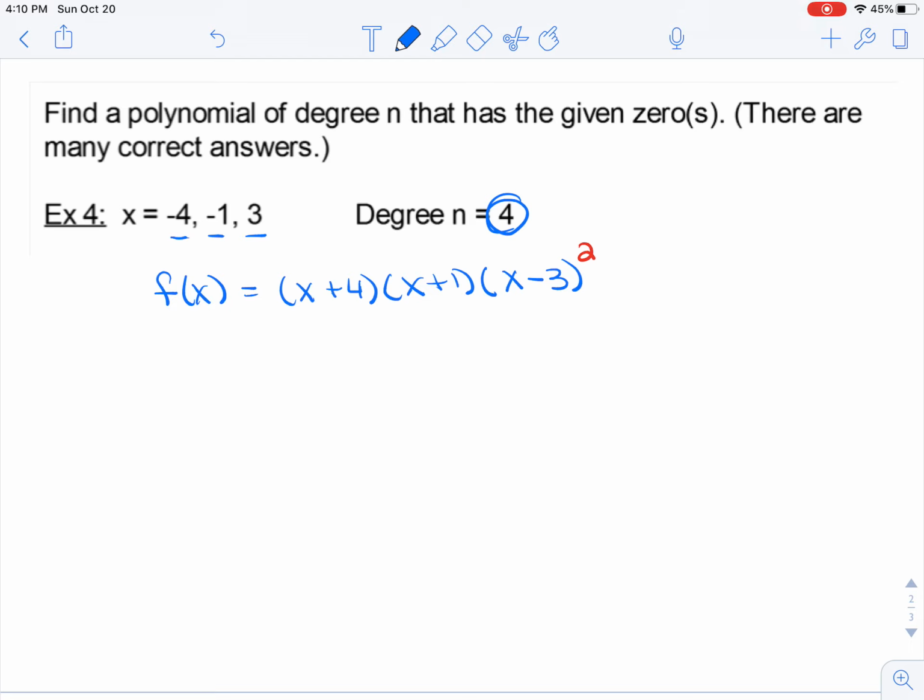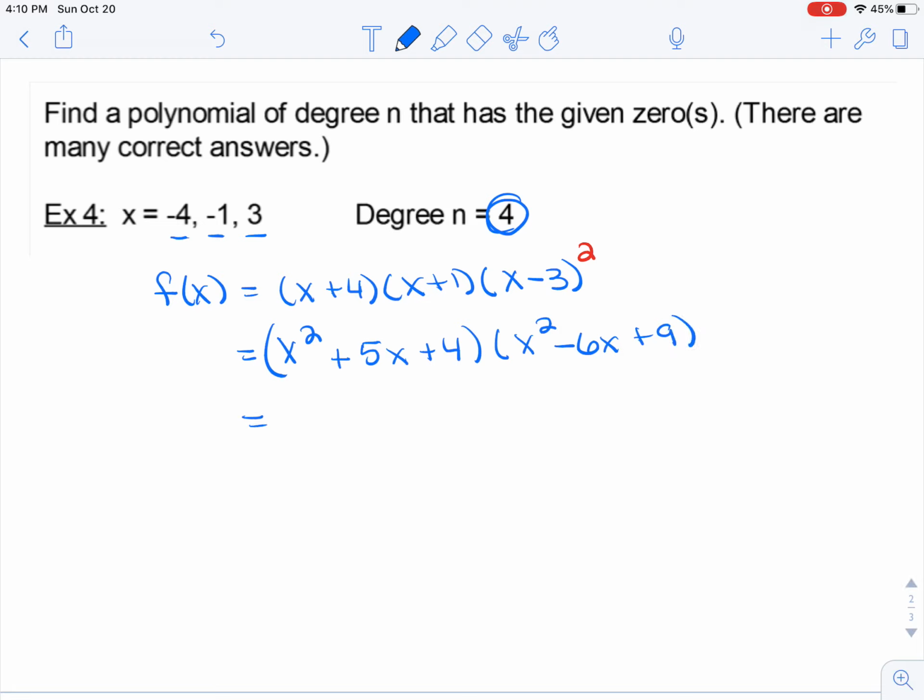So we can now FOIL this out. So if I FOILed out x plus 4 times x plus 1, that would be x squared plus 1x plus 4x, that would be 5x, and then plus 4. And then x minus 3 squared is going to be x squared minus 6x plus 9.